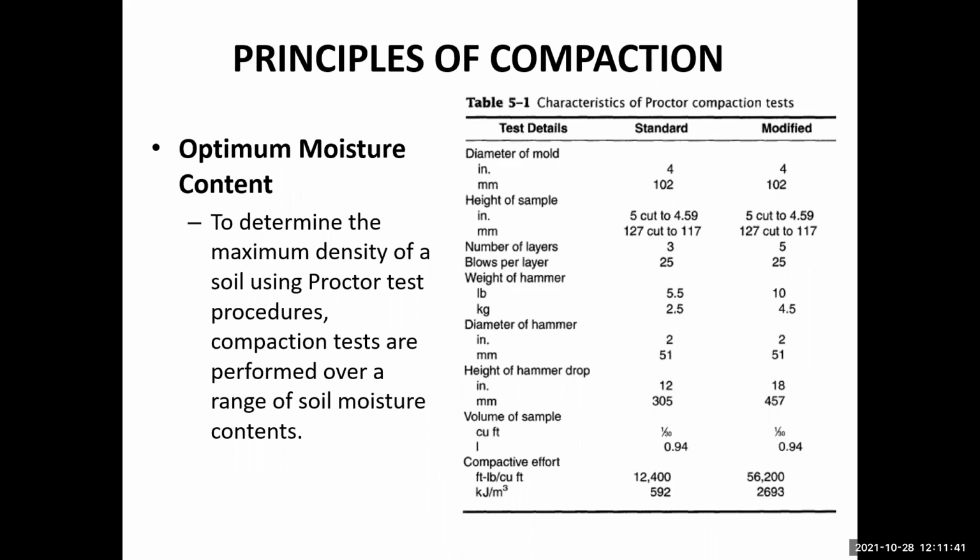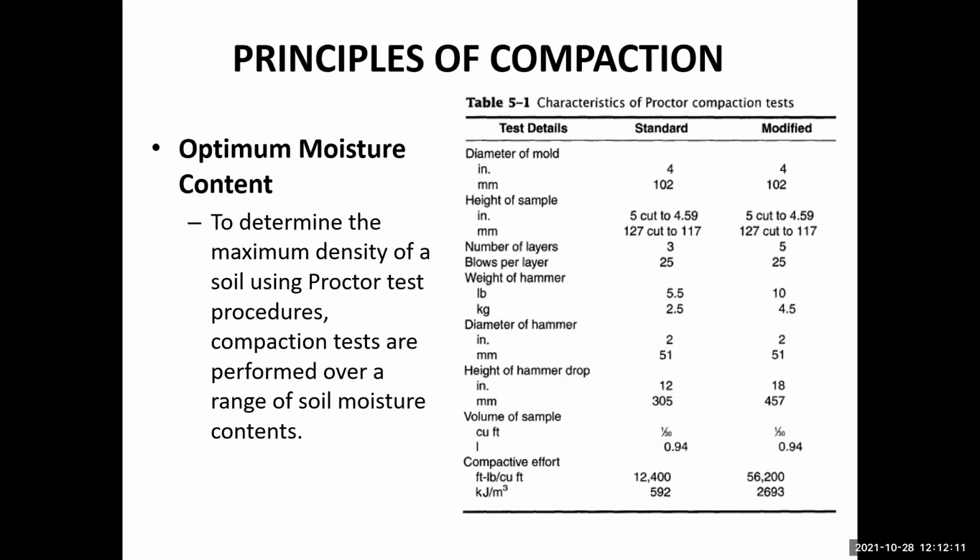Of course, in the definition of compaction, we have said that it is the removal of the air content from the soil, so that the particles come closer. However, the measurement of air in the soil is difficult. We can measure the moisture in the soil more easily than the air content.